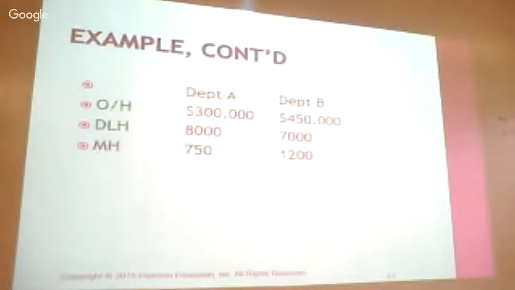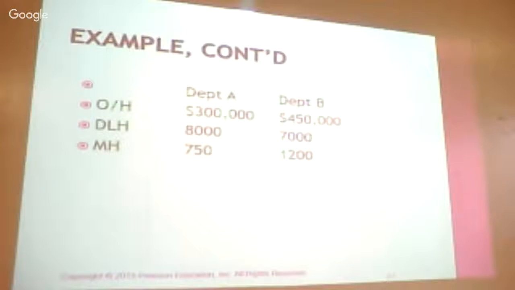Now, on B, I take the 450, and since B is driven by machine hours, I don't care about the direct labor hours. All I care about is the machine hours. So I'm going to take that 450 divided by 1,200, and what do I get on that one? $3.75. 375.